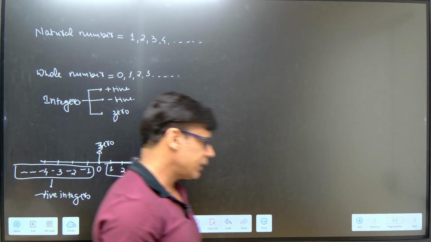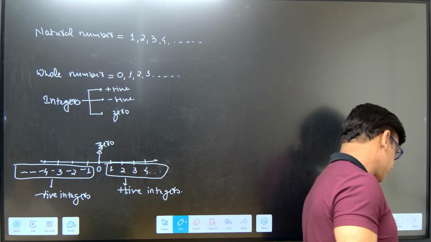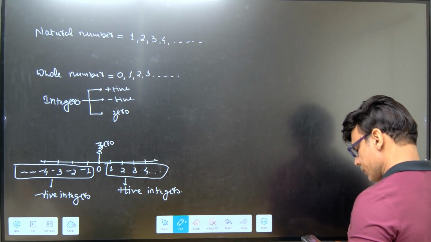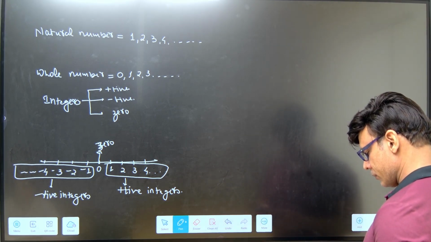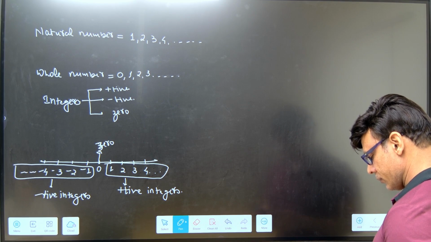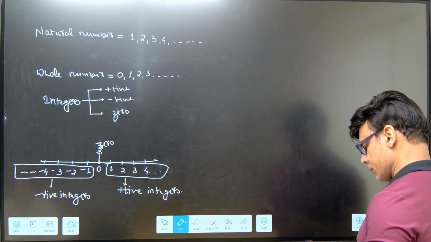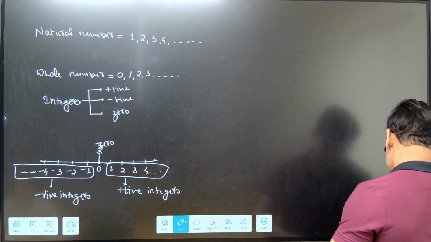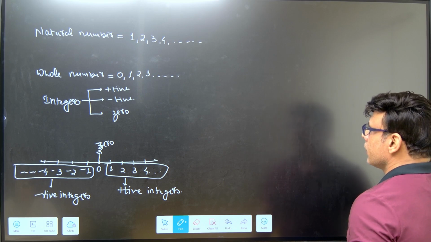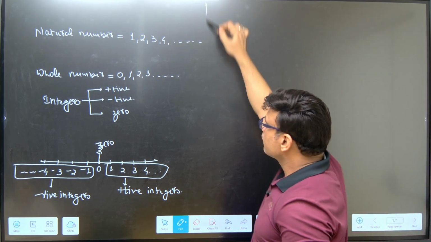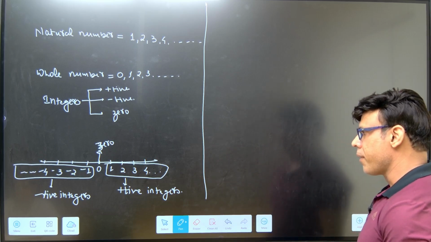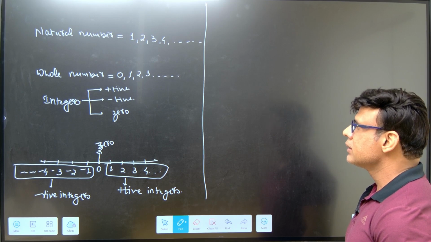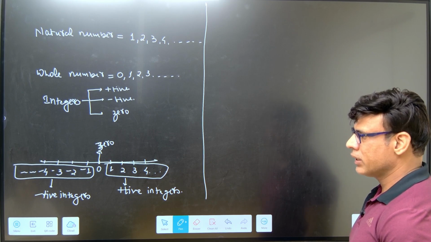Positive, negative and 0. Understood? So natural numbers, whole numbers, integers, clear, right?